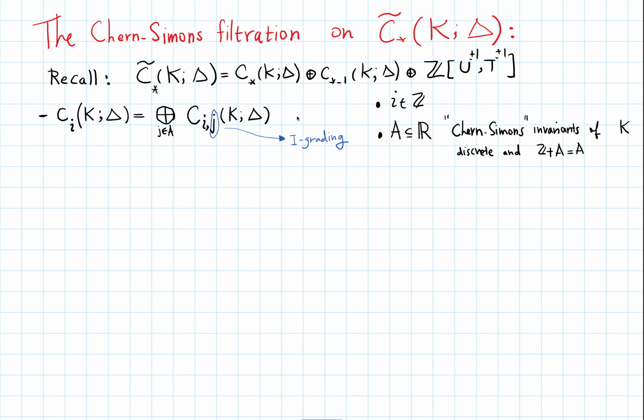We call this second grading the I grading. Both of these have this I grading. Finally, we also regard this rank 1 summand as an I-graded module where, when we look at the term u to the j times t to some power, the I grading is equal to j.